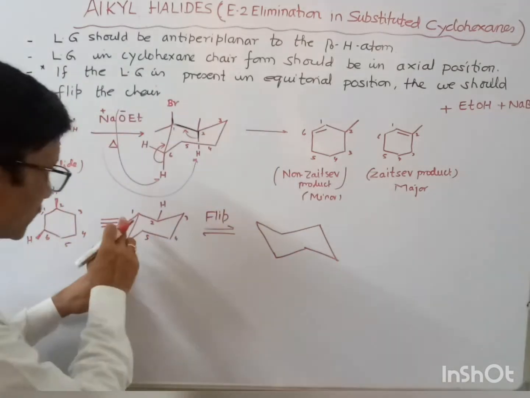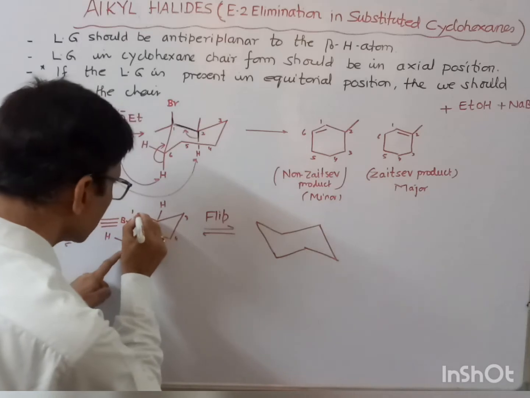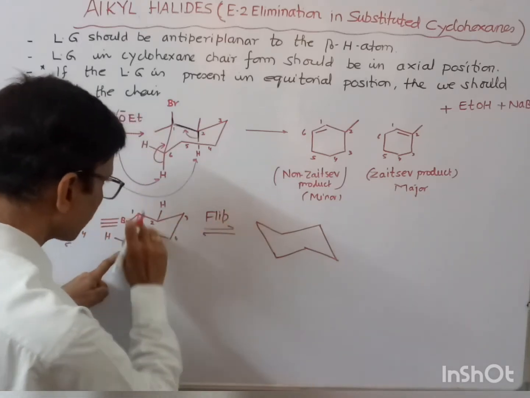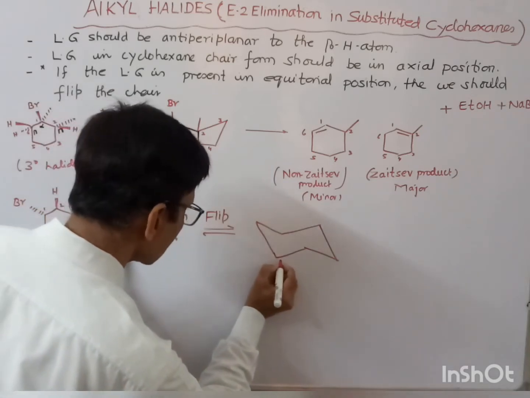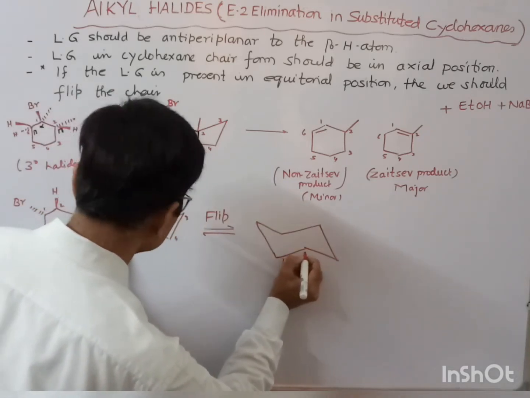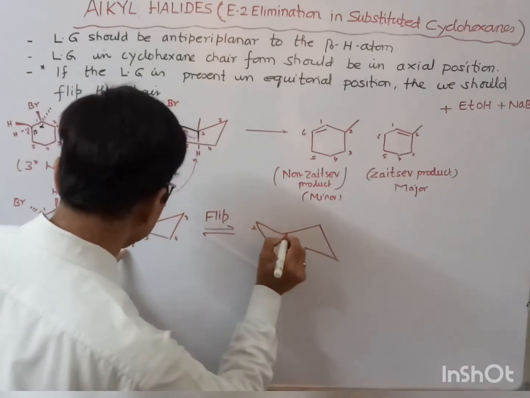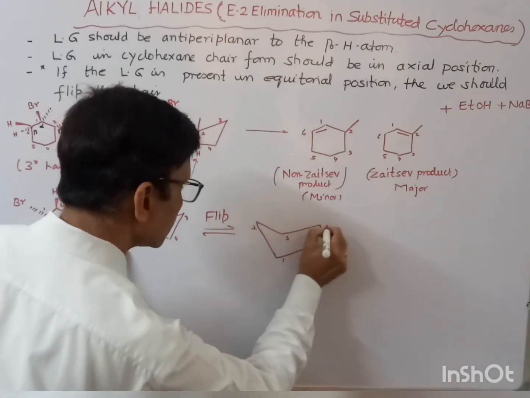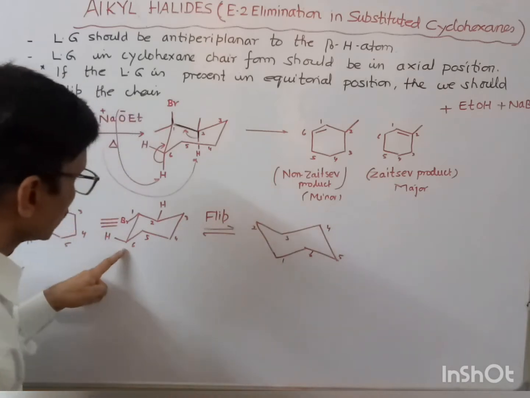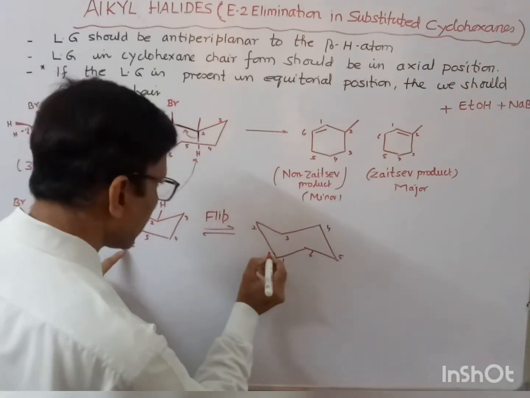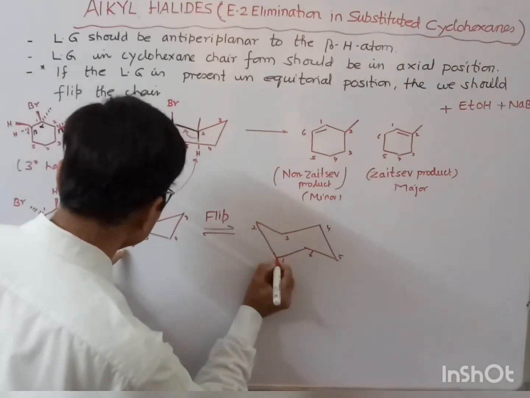So here, now this is our bromine. After flipping, this carbon has come down and this has gone up. This is our first carbon, this is second, and I am writing third, fourth, fifth, and this is the sixth one. Now at the first carbon, bromine is below.